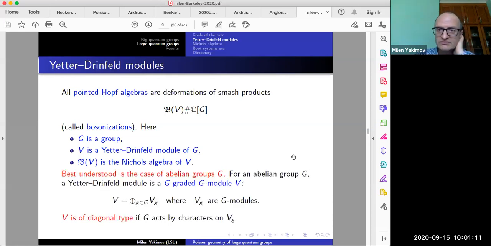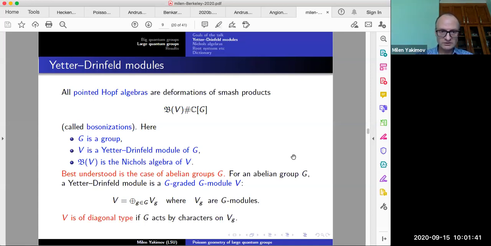So now I want to define in very, very simple terms all the objects. The most understood case in this classification is the case when G is an abelian group. And for an abelian group, a Yetter-Drinfeld module is something that's super trivial. It's a G-graded G-module V. So it's a module V that's a direct sum of submodules, indexed by the elements of the group G. So this is a Yetter-Drinfeld module over an abelian group.